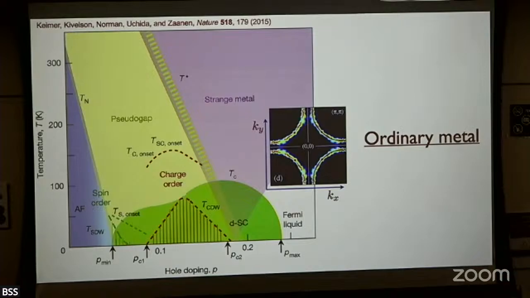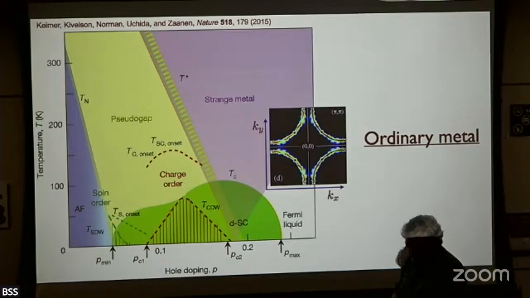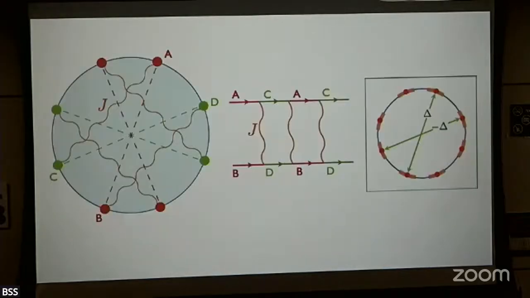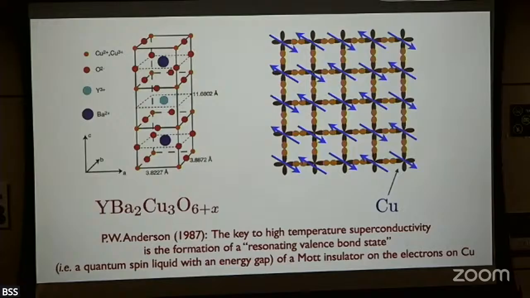Okay, so the topic of my lecture today is briefly mentioned down here. Already after the discovery of high Tc, Anderson said, these are my words, but anyway, that the key to high temperature superconductivity is something he called a resonating valence bond state.